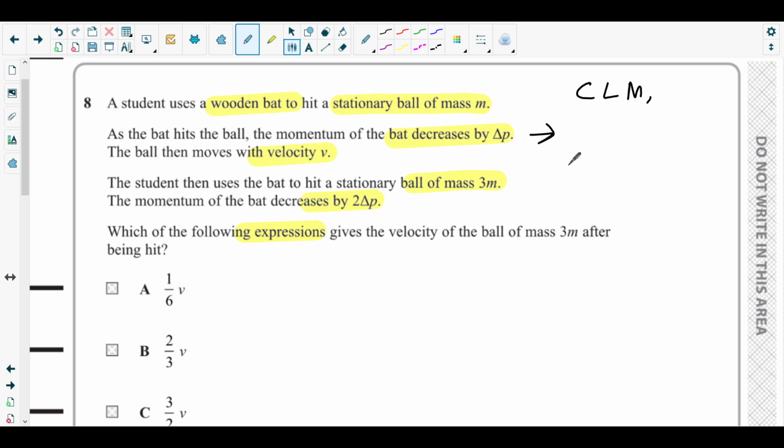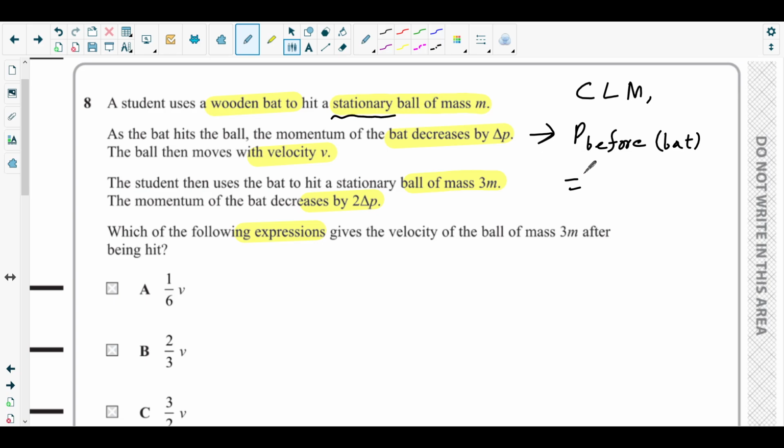Using the law of conservation of momentum, total momentum before impact is P before, for the bat. I'm not considering the momentum of the ball, because it was stationary, so it has no momentum.